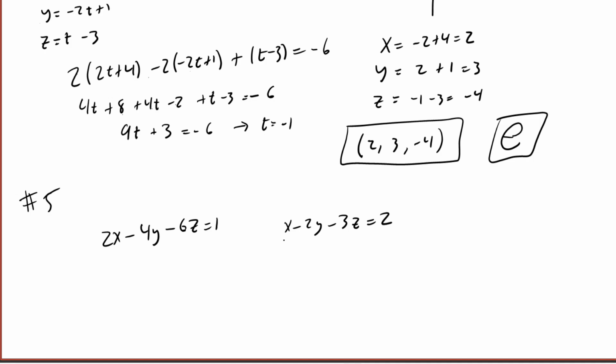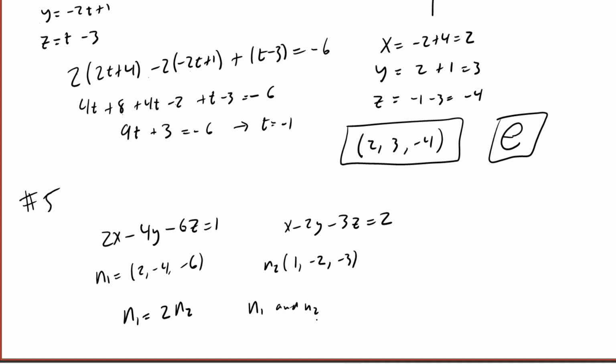Okay, so let's write the normals. N1 is 2, minus 4, minus 6, and here we have 1, minus 2, minus 3. Okay, so notice real quick, we have that n1 is 2 times n2, right? So n1 is a multiple of n2, meaning that n1 and n2 point in the same direction, are parallel.